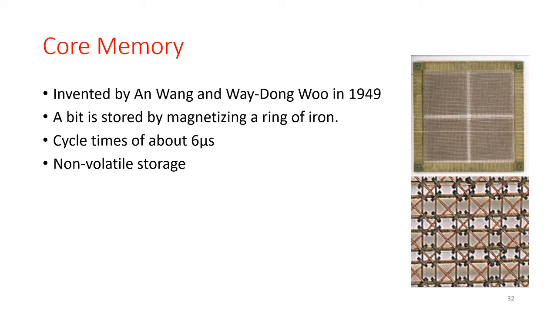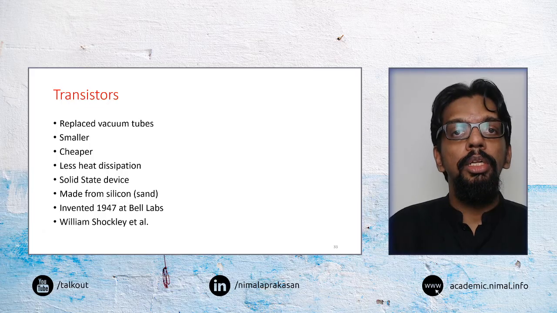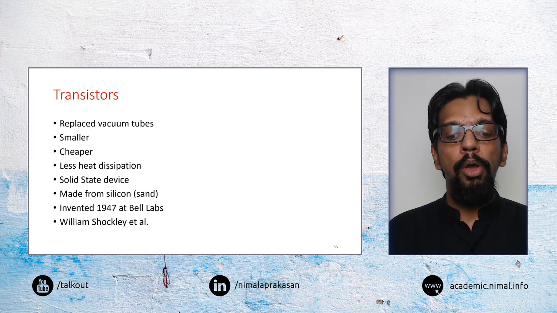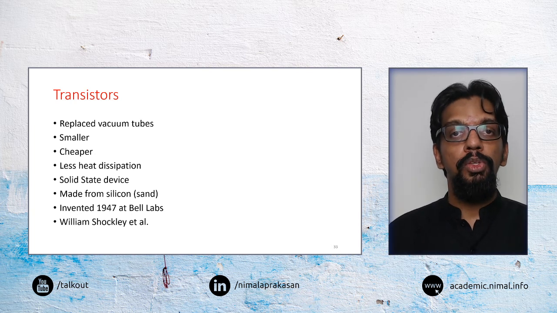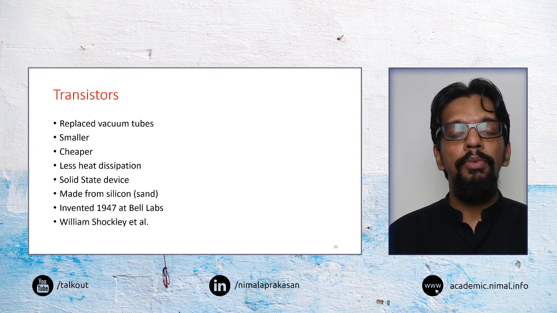Then, with the invention of transistors, everything changed, because transistors enabled vacuum tubes to be removed, because vacuum tubes were the logical computing devices before that point. Transistors were smaller, cheaper, and dissipated less heat, and there were a lot of advantages in using them.